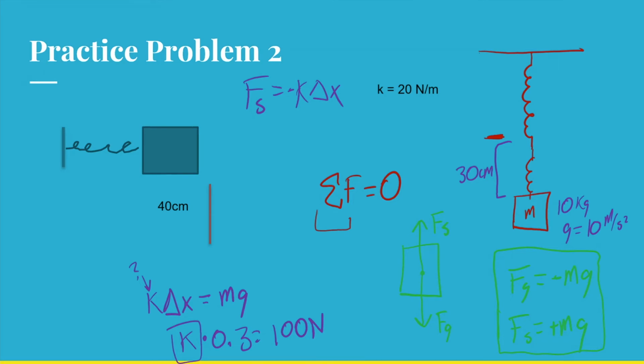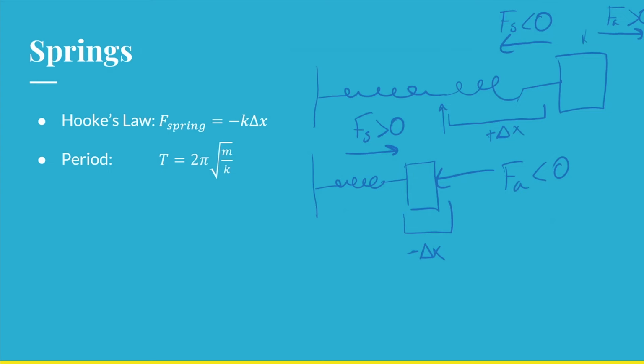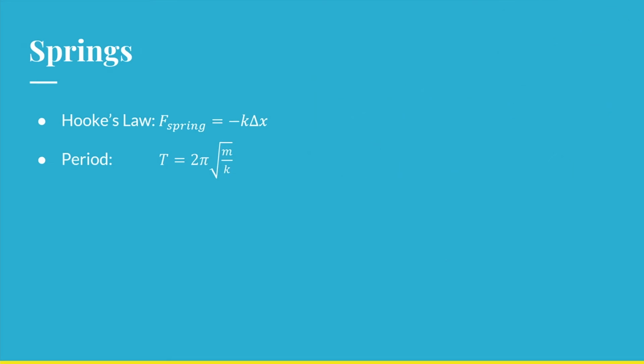And that's actually what a lot of this lab is going to be doing. But before we move on to the lab itself, I want to go back really quickly and talk about another important part. And that is the period of the spring. If you just imagine you have a spring hanging, there's a weight attached to it, you pull that weight down and let go, it's going to start bouncing up and down.